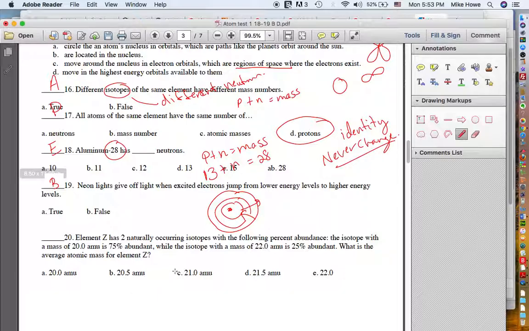All right, and this may have been the hardest question for you. You've got 75%. Is that more than half? And then you got 25%. So if I wanted to get the average, is it 21? No, because there's more 20 than there is 22.